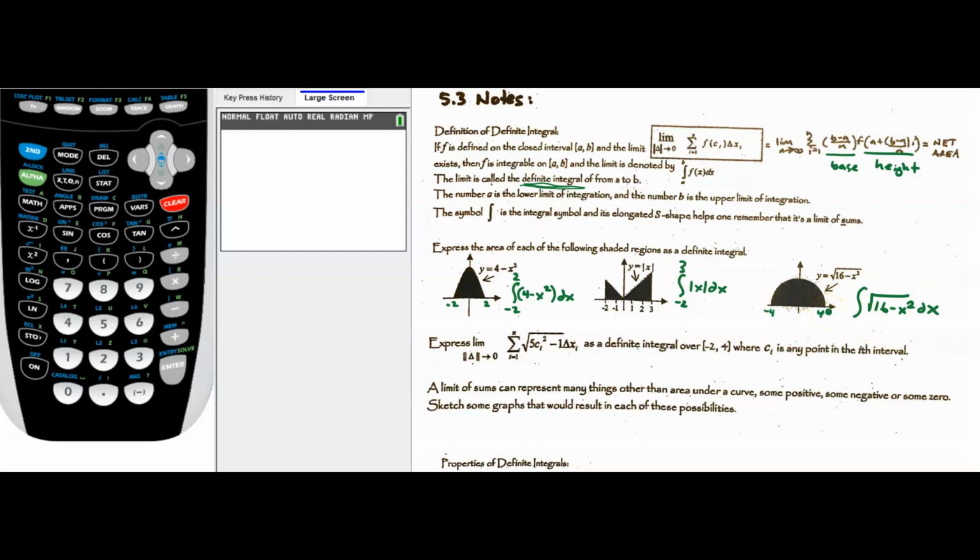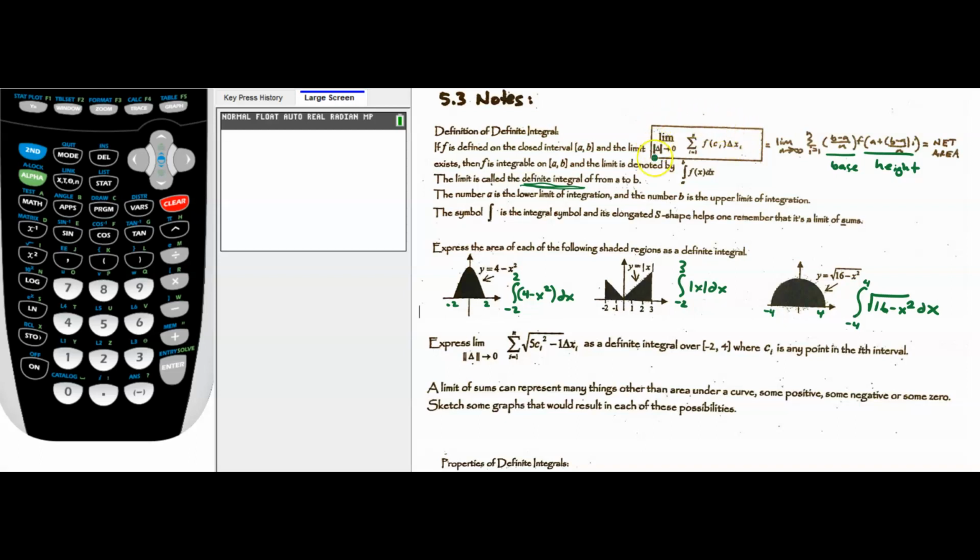Looks like this is a circle with a radius of 4. Or at least I shouldn't say a circle, it'd be a semicircle with a radius of 4. So -4 to 4. So all of these definite integrals are just the abbreviated notation for capturing the area bounded by a function and the x-axis from x equals a to x equals b.